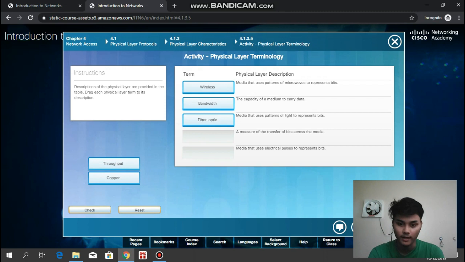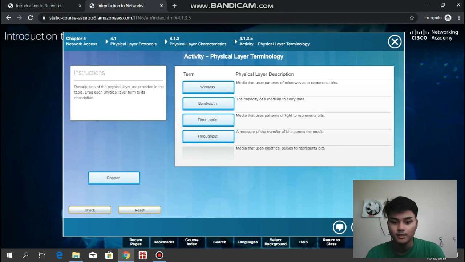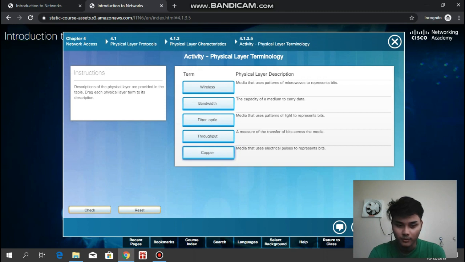A measure of transfer of bits across the media is the throughput. And lastly, the media that uses electrical pulses to represent bits is the copper. So we will check if it is correct.